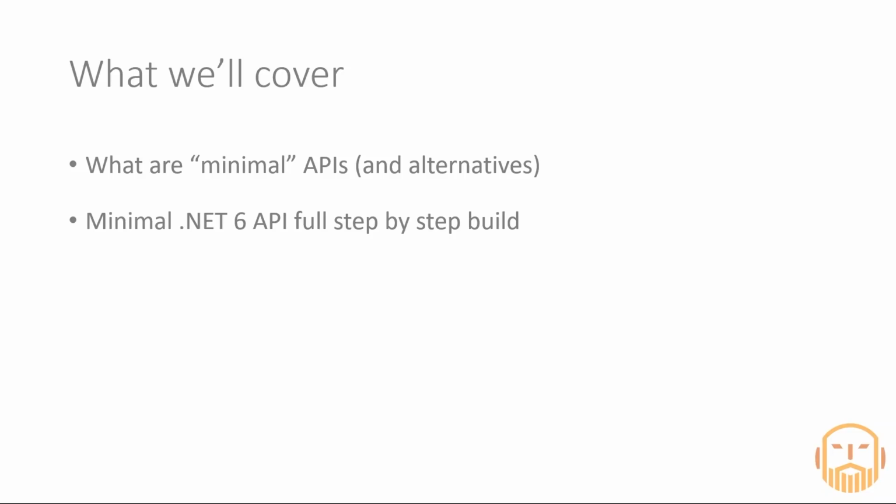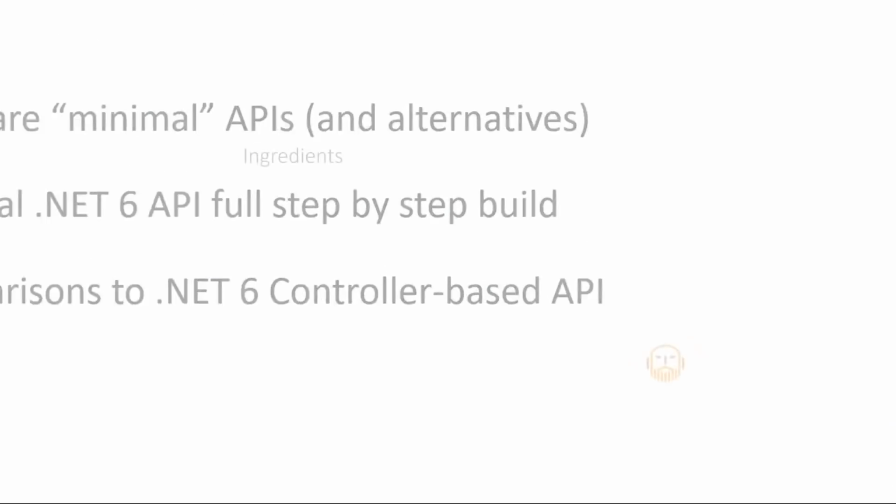We're going to use object mapping, repository patterns, so pretty much a full step-by-step build. And then we're going to compare it to a controller-based, MVC controller-based .NET 6 API, which is basically doing the same thing. And I'm going to call out the main differences, not every single difference, but the main key differences between the two patterns and approaches.